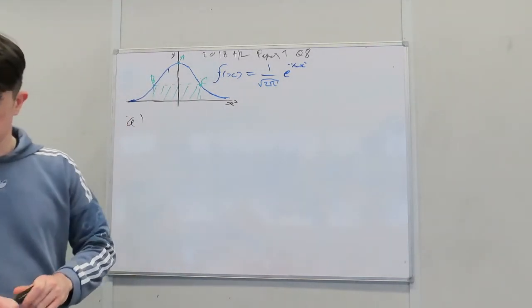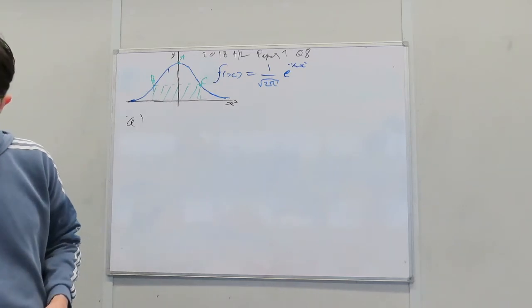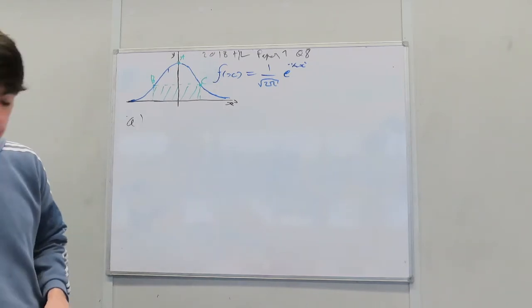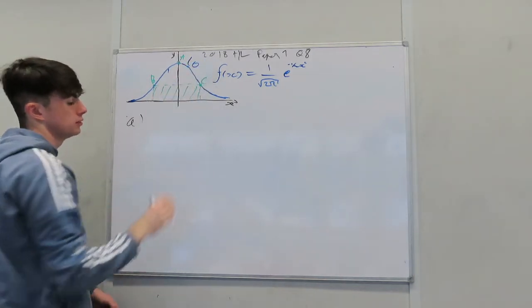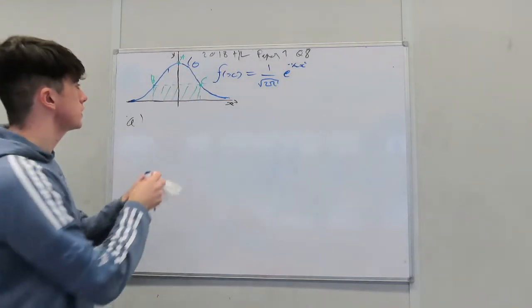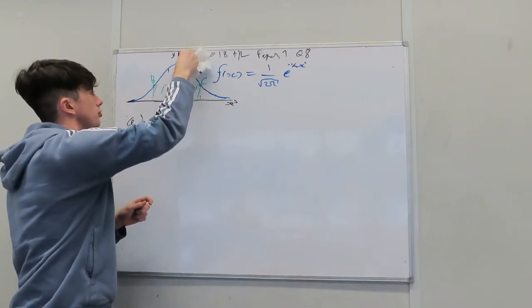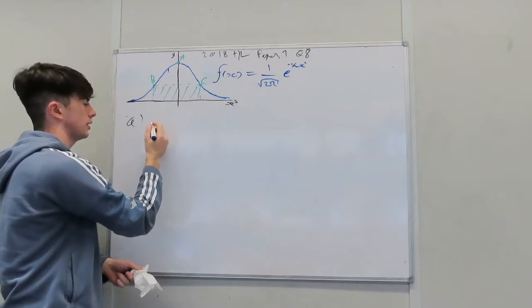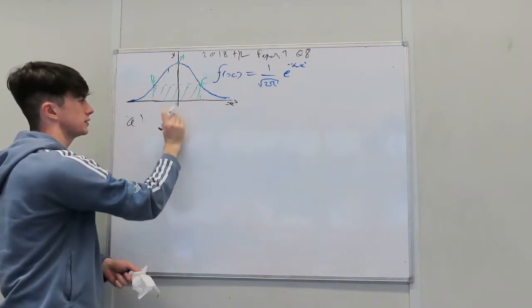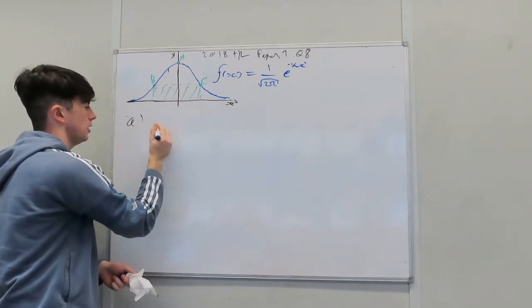So what we know, when something intersects the y-axis, it means it intersects it at the point 0, something, because the y-axis intersects the x-axis at the point 0.